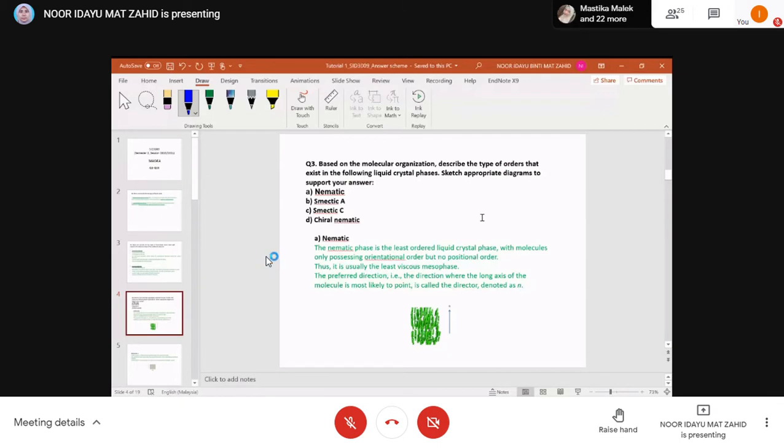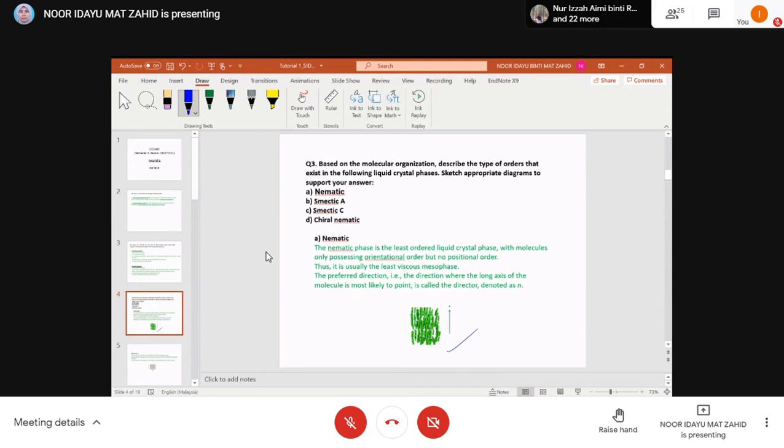You can just draw a rod-like molecule pointed in a certain direction and indicate the preferred direction of the director. So note that in nematic there's no position order.